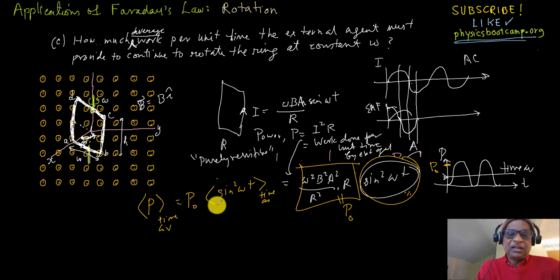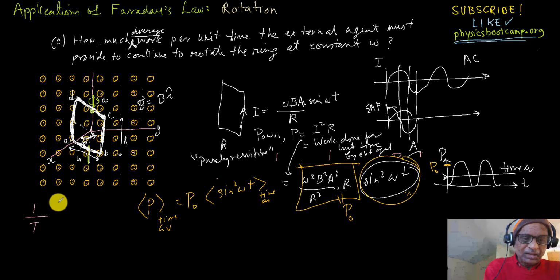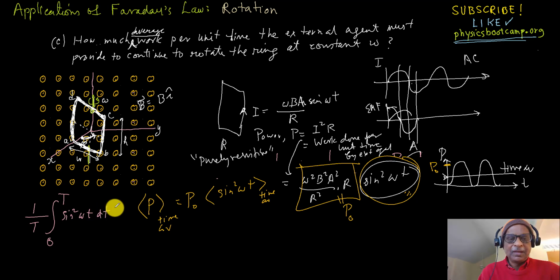Now what is the time average of this quantity? A time average is defined as taking one period, because it's a periodic function, or a multiple of periods, and you integrate over one period of sine squared omega t dt.